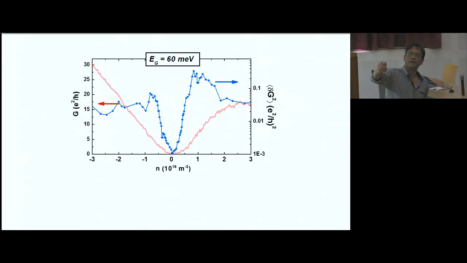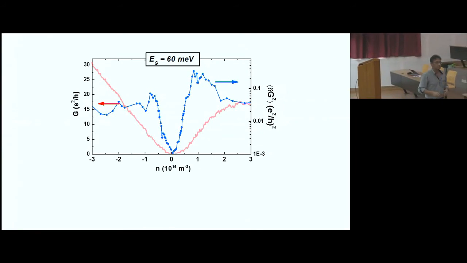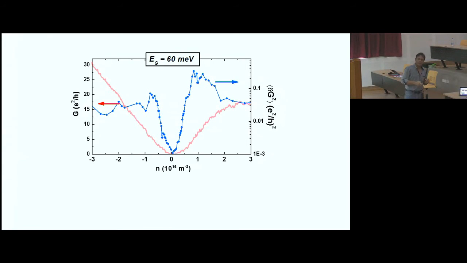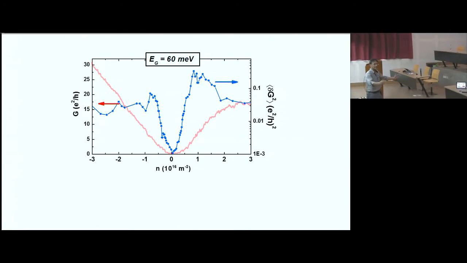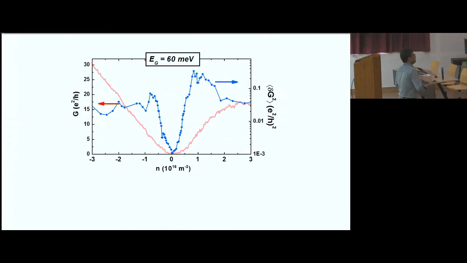Close to the band gap, the conductance fluctuation dramatically drops, nearly goes to 0. Even though the conductance is varying slowly, the fluctuation goes dramatically straight to 0. This gave us some confidence that the kind of transport we're looking at is probably the topological transport around the edges and not some weird bulk transport.